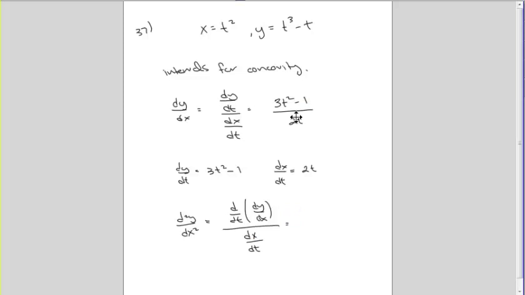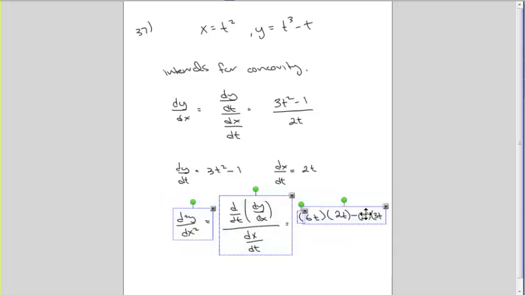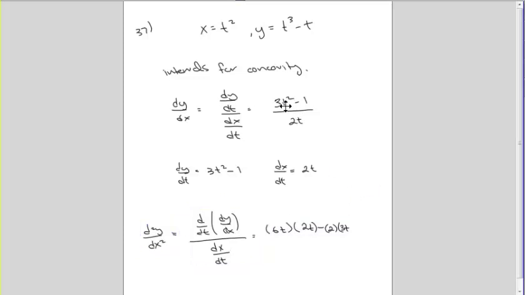So this is a quotient rule problem. So let's do that. The quotient rule is the derivative of the numerator times the denominator minus the derivative of the denominator times the numerator.